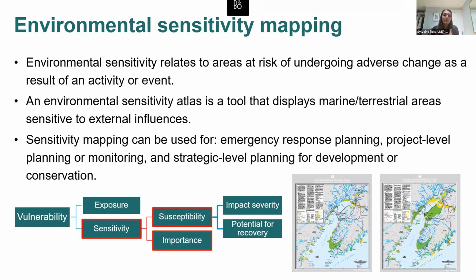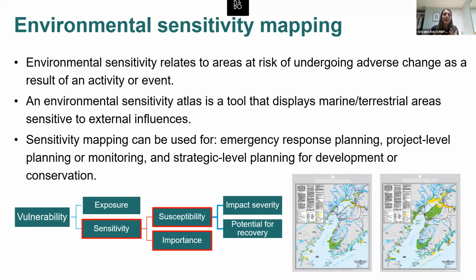And that importance can be defined based on extensive stakeholder consultation. So if you look at the diagram on the left here, you have susceptibility and importance leading to an asset's sensitivity. And if you add the exposure element, whether or not that asset is being exposed to the pressure of interest, you will understand its vulnerability to that pressure.